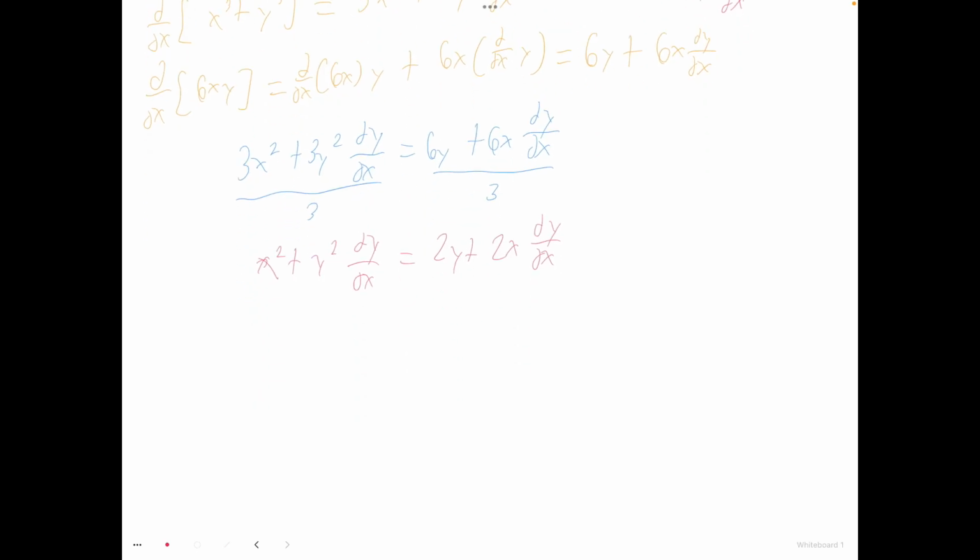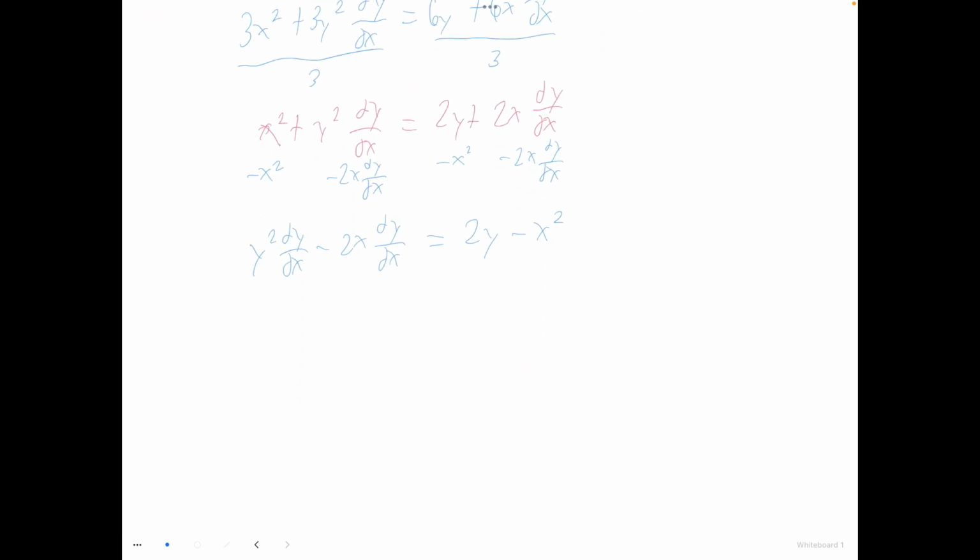Now we're going to get everything with a dy over dx on the left-hand side, and everything else on the right-hand side. So we're going to subtract x squared from both sides, and subtract 2x dy over dx from both sides. And again, all we're doing is getting all the dy over dx terms on one side. So this gives us y squared dy over dx minus 2x dy over dx equals 2y minus x squared.